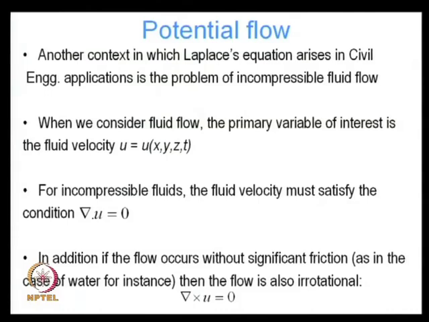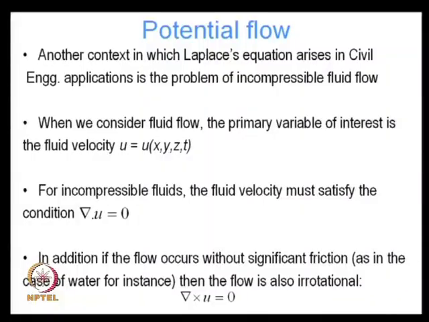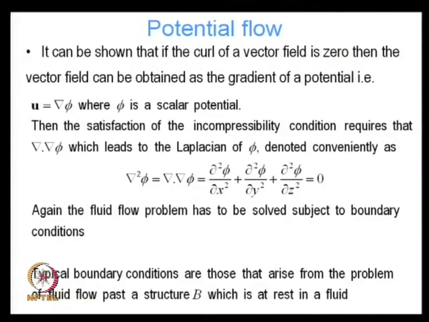And if the curl of a vector, the velocity is a vector, is 0, then we know that that vector can be obtained by the gradient of a scalar function. It can be shown that if the curl of a vector is 0, then the vector field can be obtained as the gradient of a scalar potential.